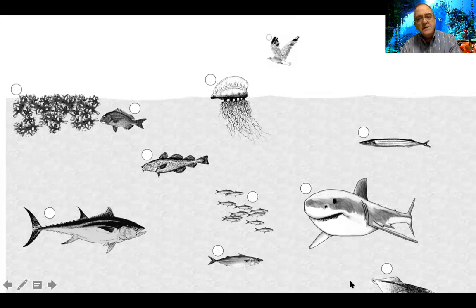It is kurage. Kurage in English is jellyfish. Okay, this right here is samma. Samma in English is pike. There are many kinds of pike fish, but samma is one type.